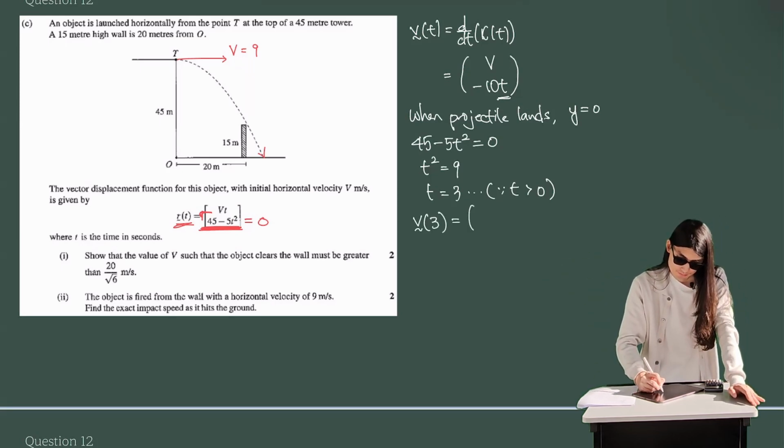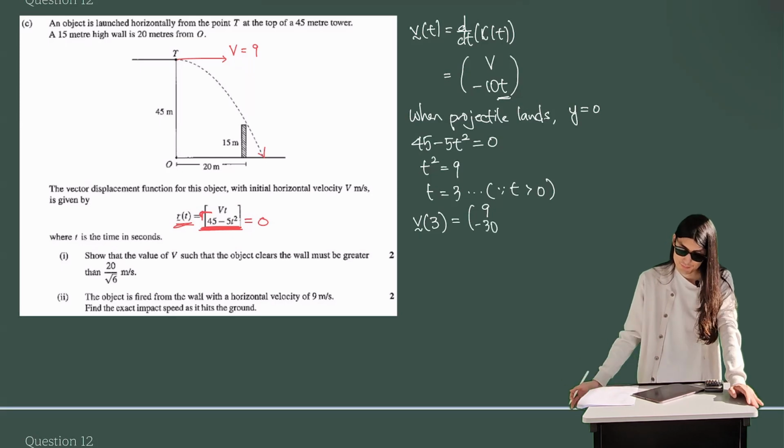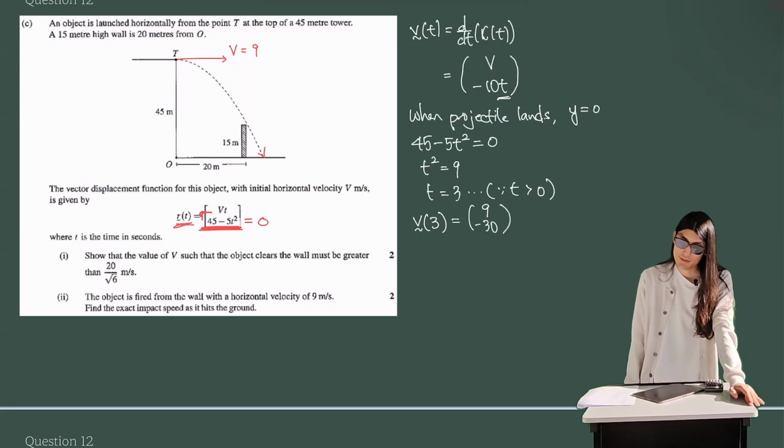Well, it is 9, because we said that this capital V was given to be 9, and minus 30. Isn't it? 9i minus 30j, that's the velocity vector at t equals 3. Now what does that mean?